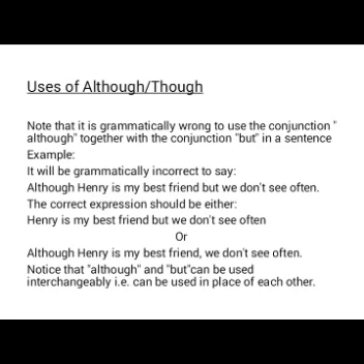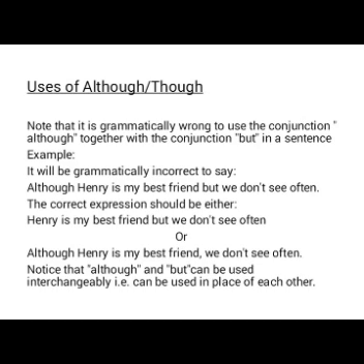Note that it is grammatically wrong to use the conjunction although together with the conjunction but in the same sentence. For example, it would be grammatically incorrect for you to say, although Henry is my best friend, but we don't see often.